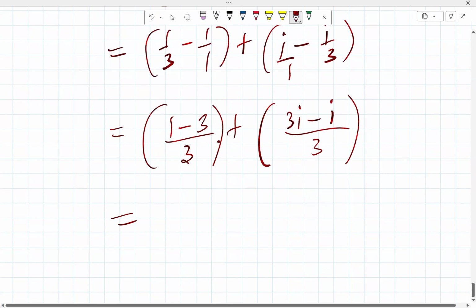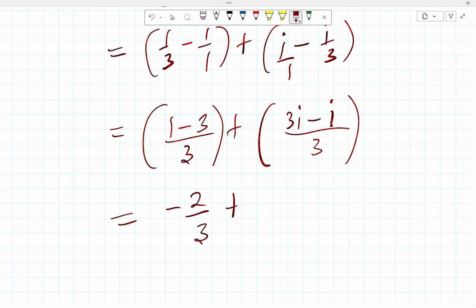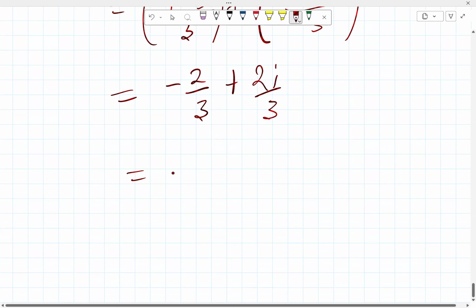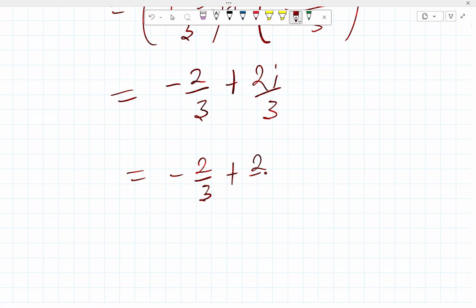So we have 1 minus 3, that's minus 2 over 3. 3i minus i, that is 2i over 3. So we have minus 2 over 3 plus 2 over 3 i. And that's what we get in that regard.